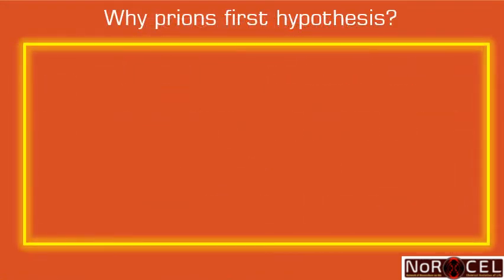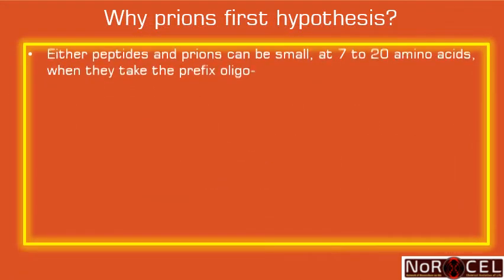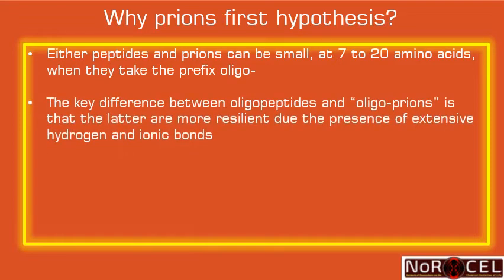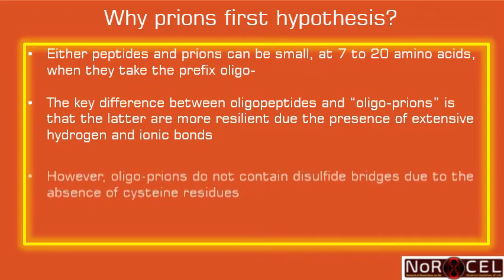Why the prions first hypothesis? Both peptides and prions can be small, at 7 to 20 amino acids, when they take the prefix oligo. The key difference between oligopeptides and oligoprions is that the latter is more resilient due to the presence of extensive hydrogen and ionic bonds.